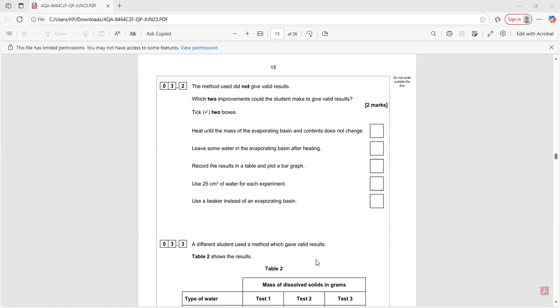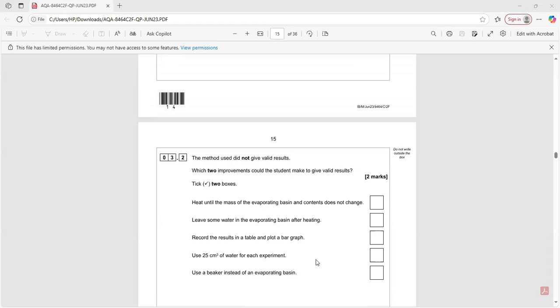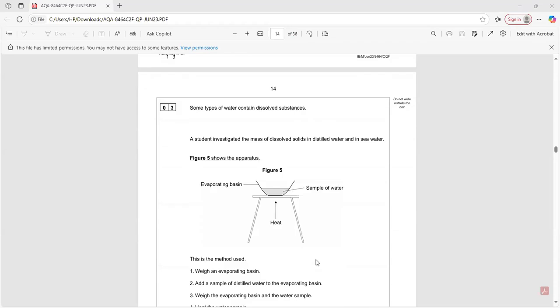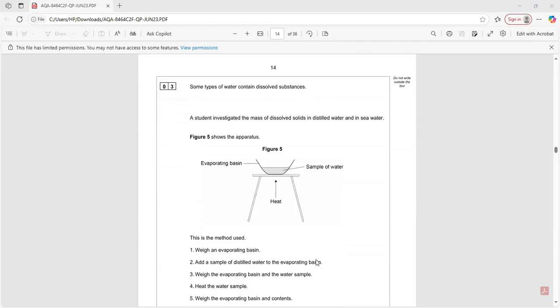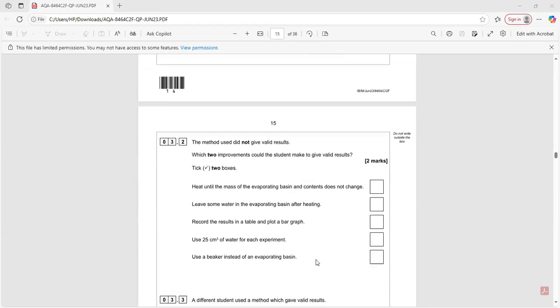It says use a beaker instead of an evaporating basin. Okay. So which two seem most likely to be correct to enable the student to have better, valid results? I think the first one and the last one should do.